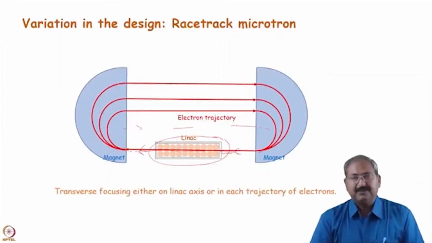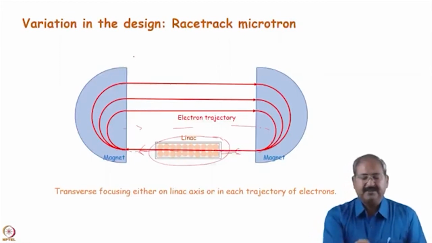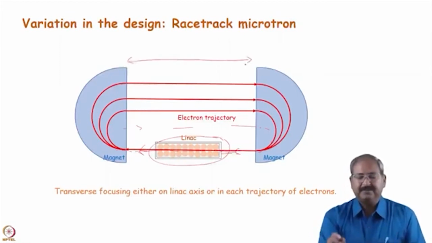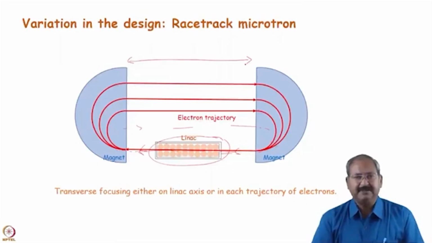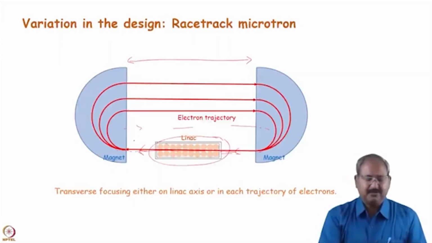Now for transverse focusing: because this is a long drift space, the beam can be defocused in this drift space, so there should be some mechanism of transverse focusing in this racetrack microtron. For transverse focusing, you can put focusing lenses for the charged particle optics. You might have studied this in the course on linear accelerators, that quadrupoles can be put in for charged particle focusing.